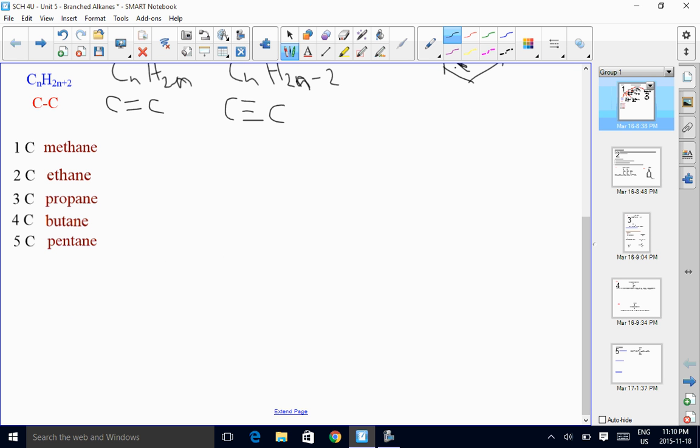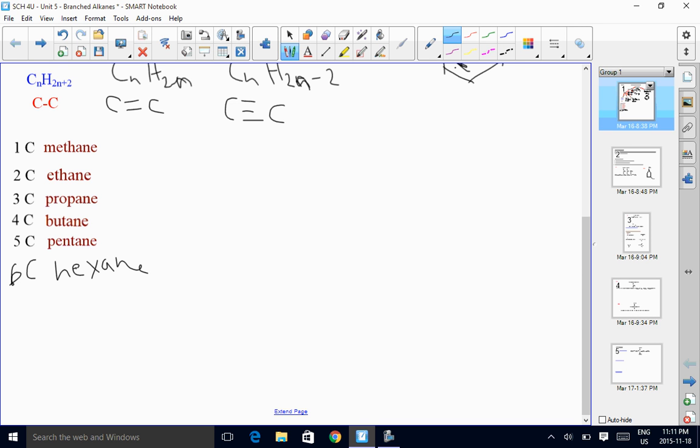Let's take a look at this list. You have to memorize this list. Depending on how many carbons there are in the chain, it corresponds with the name. The first one is methane, ethane, propane, butane, pentane, and then 6 is hexane.